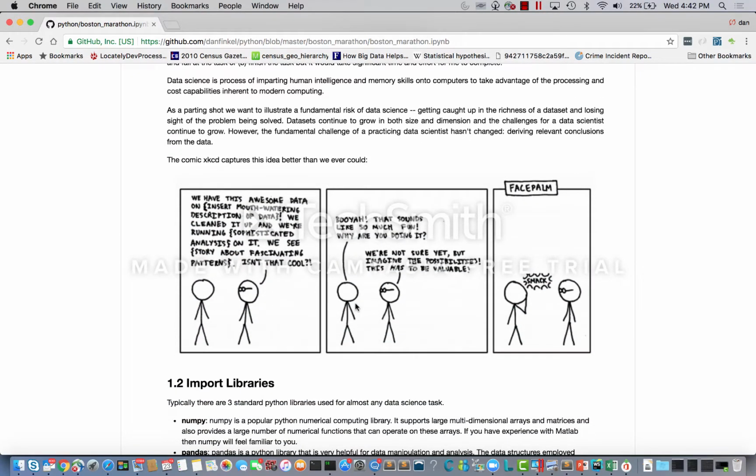The last thing here in this intro section is just a reminder that it's really important. It happens a lot in the field of data science, that you can get quickly overwhelmed by the excitement and romance of a data set and forget about your audience. And so it's important to always remember, and it's a skill that you have to acquire and develop as a data scientist, which is you have to learn how to provide meaningful summarization or information back to your audience about the data.